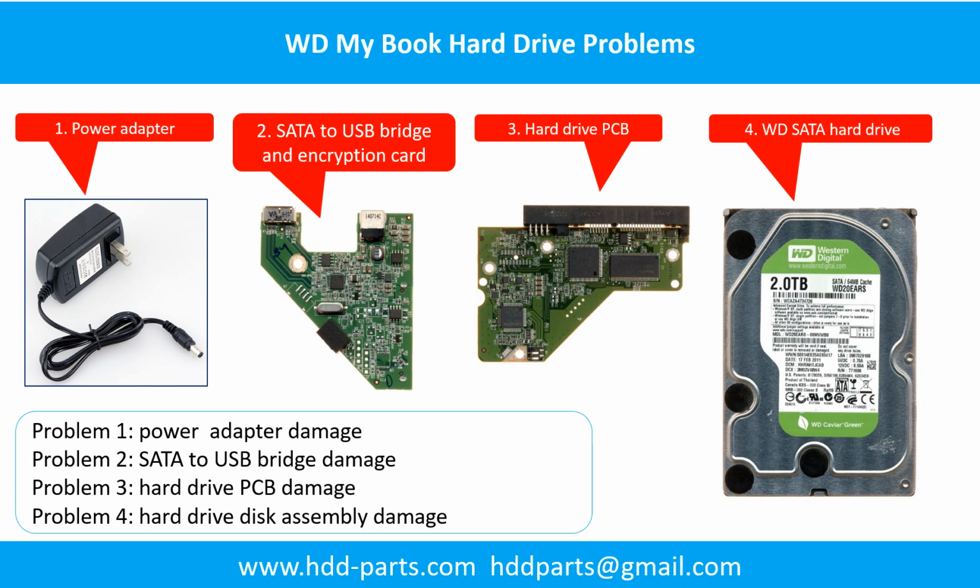Problem 1. The power adapter damage. Problem 2. SATA to USB bridge and encryption card damage. Problem 3. Hard drive printed circuit board damage. Problem 4. Hard drive disk assembly damage.